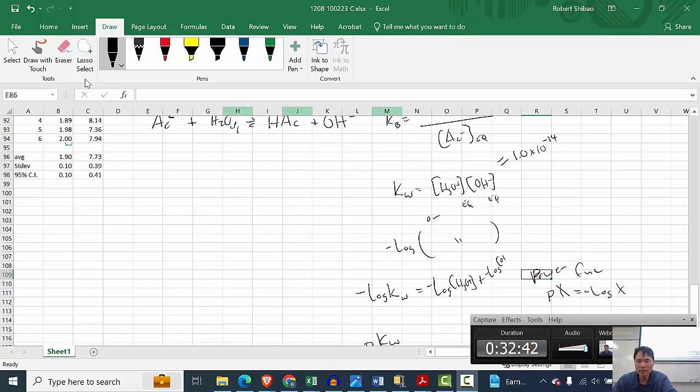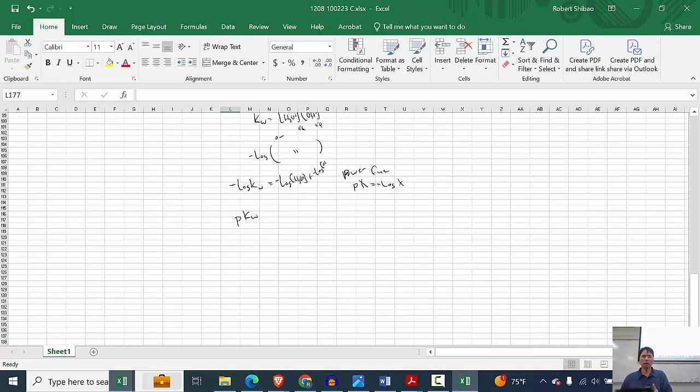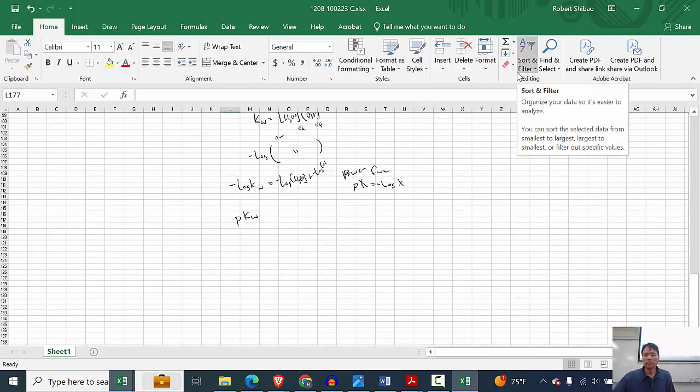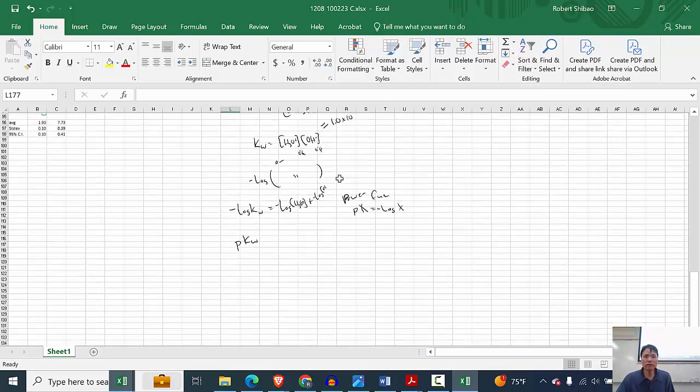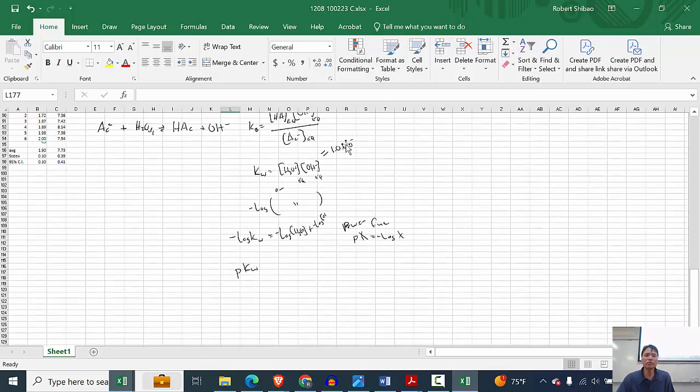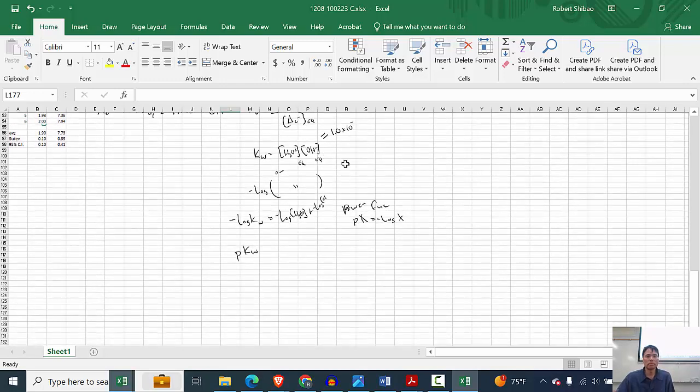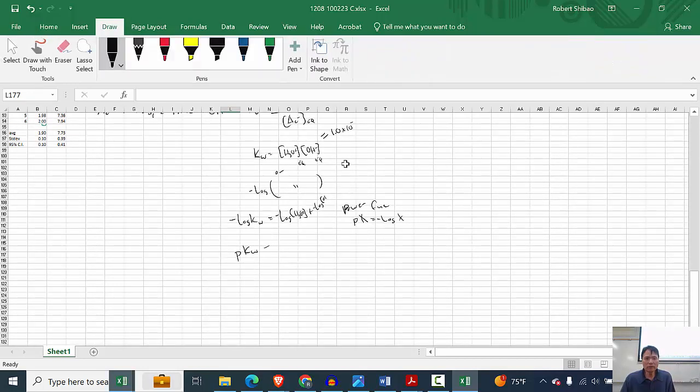Let me pause this. Okay, let's resume here. So we have this relationship Kw. Did I derive this last time? Yes? Okay. And then this is equal to pKw, and then the negative log of the hydronium is the pH, and the negative log of the hydroxide is pOH.